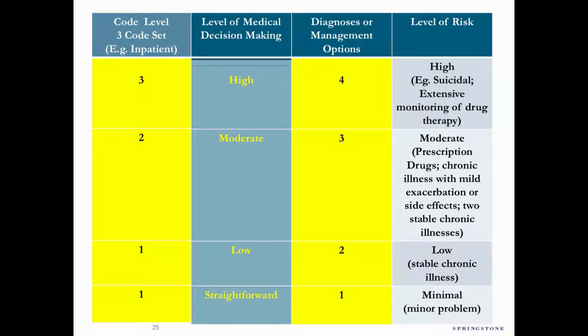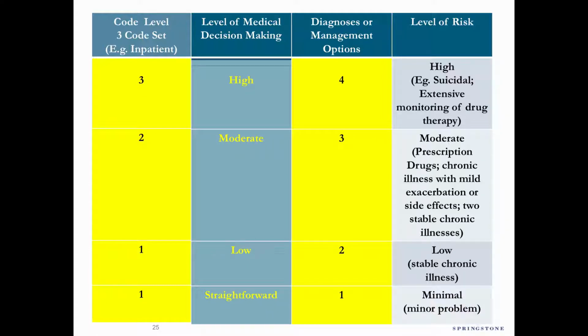Once you've prescribed medication, you know you're already at moderate risk. So to get to high risk for those patients, and remember, both the management options and the level of risk need to be at or above the level that you're billing at. So, for instance, if you've decided that you're billing at the highest level, a level 3 inpatient initial evaluation, you would need to have at least 4 management options and high level risk.